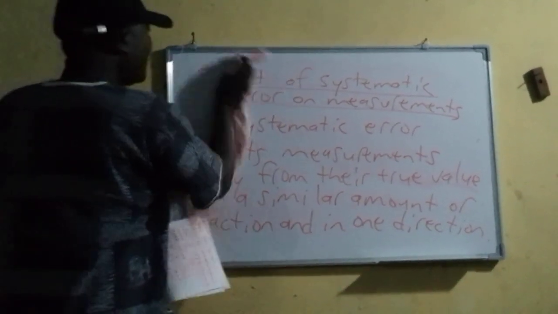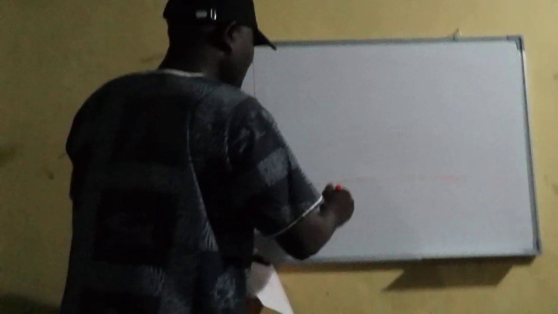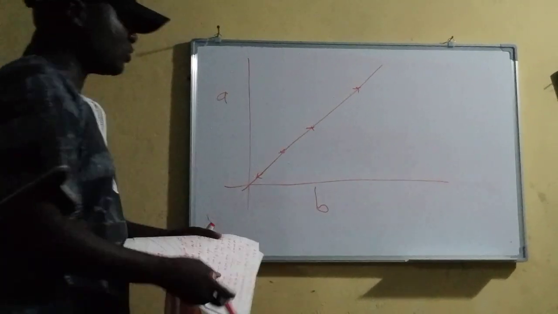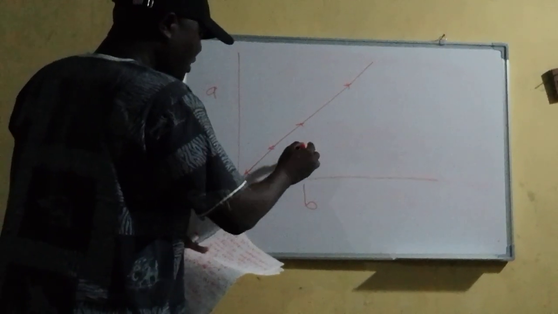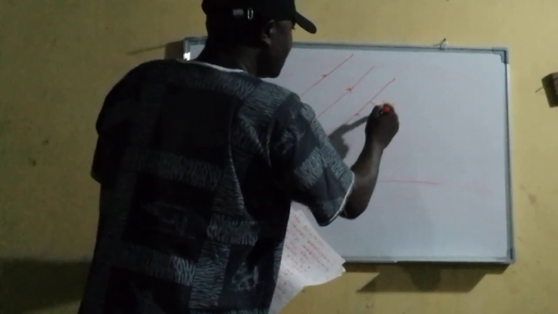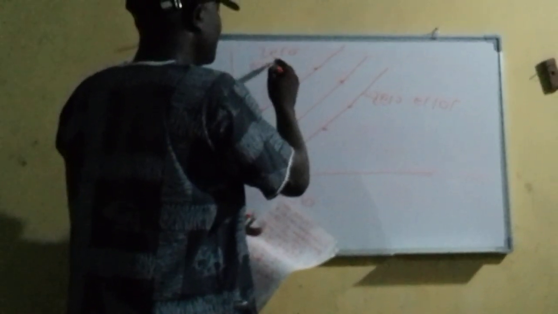For instance, let's consider a graph where we've plotted A against B. Suppose we've got variables A and B. If there was no zero error, we would have a graph like this, which passes through the true origin. This is the true origin. Then suppose there was a zero error in an instrument. Maybe the zero error could be negative.